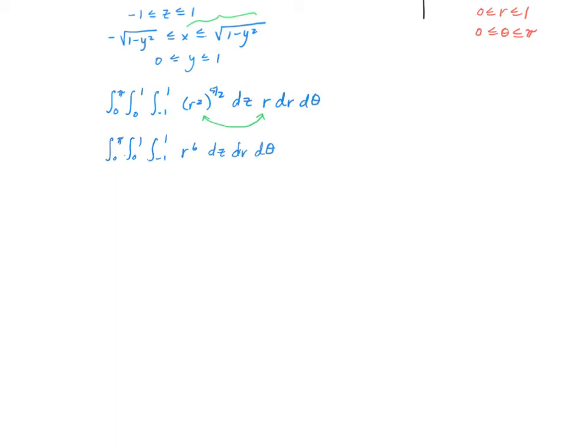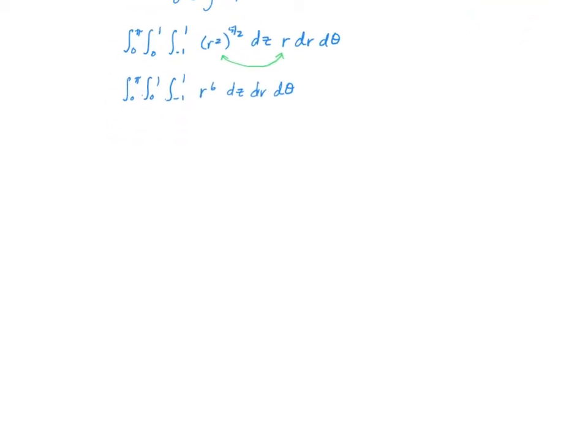All my limits of integration are constant, so I can integrate this in whatever order I want, but I'll just do it in the order that I'm reading it. So if I integrate with respect to z first, remember r is constant, so this is 0 to pi, 0 to 1, z r to the 6 evaluated from -1 to 1 dr d theta.